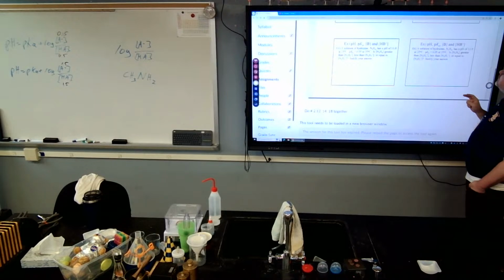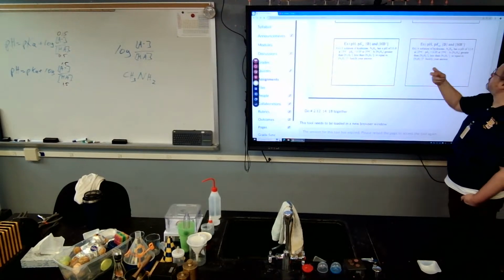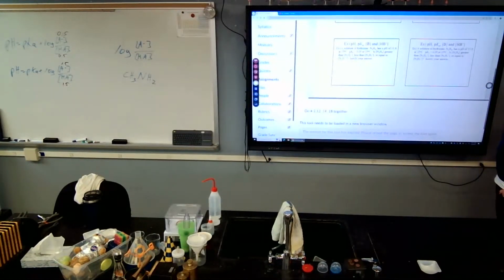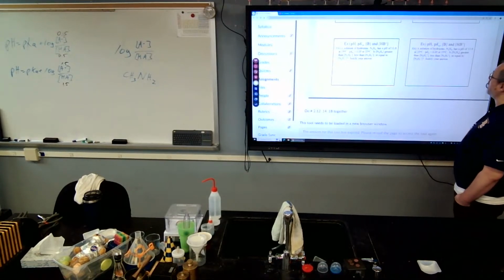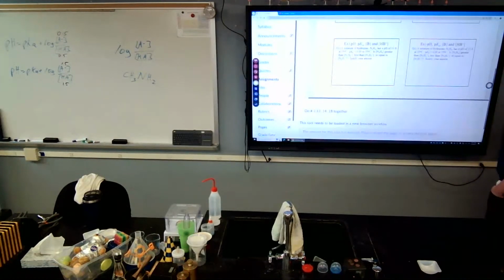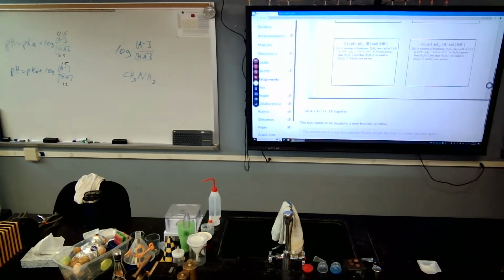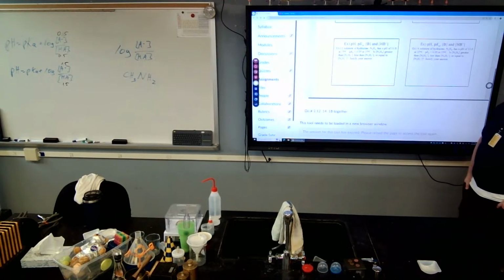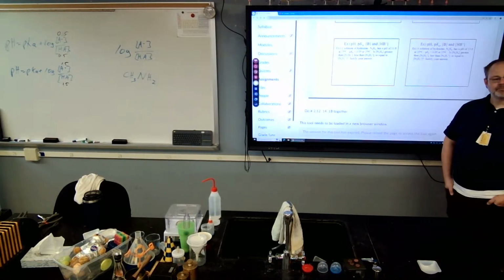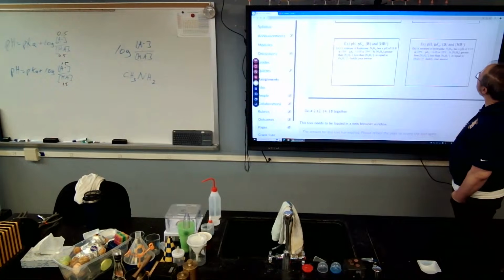So it's got a solution of a pH of 11. The pKb of that weak base is 6.05. Is the N2H4 greater than N2H5, less than N2H5, or equal to N2H5? How would I solve that?